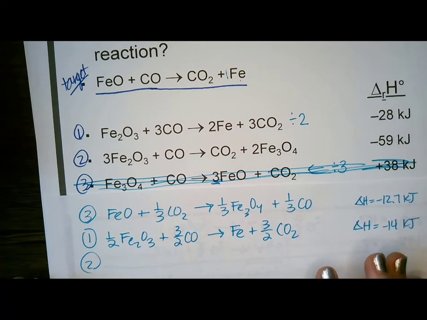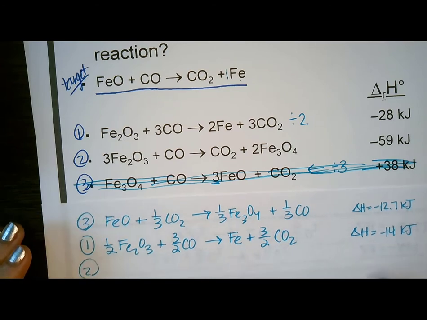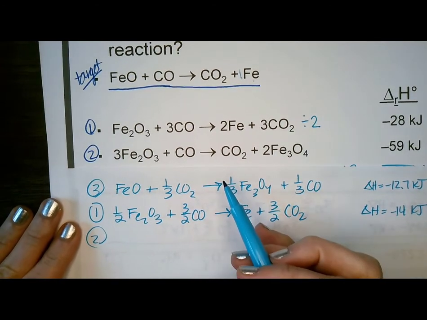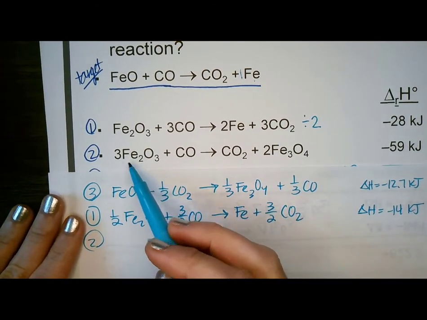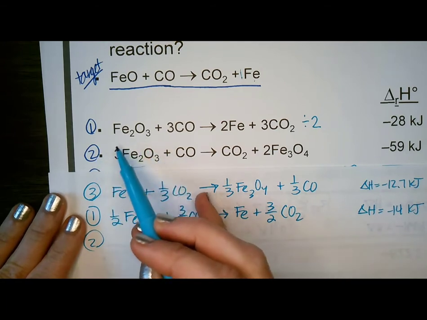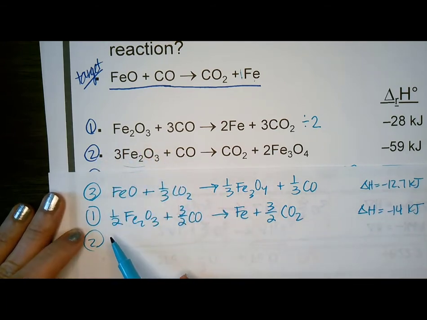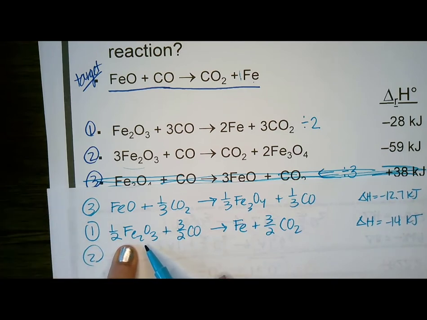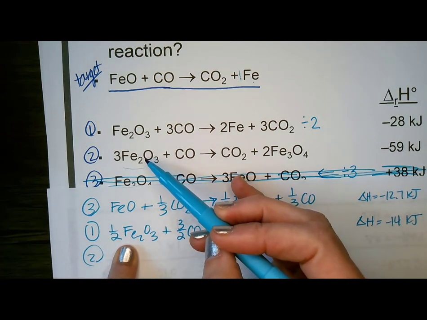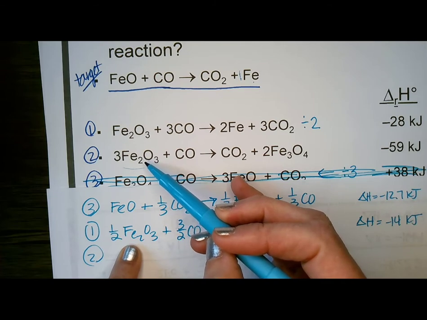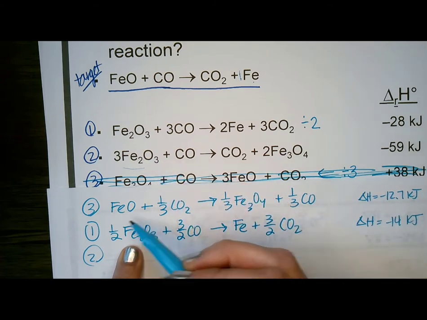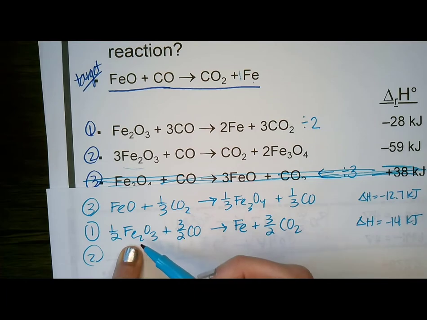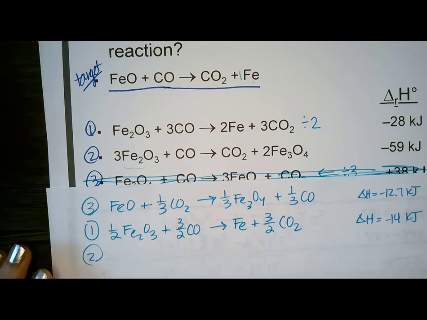If I use elementary reaction number 2, I'm going to have Fe2O3 on the left, and I don't want Fe2O3 on the left. I'm going to need that to cancel.